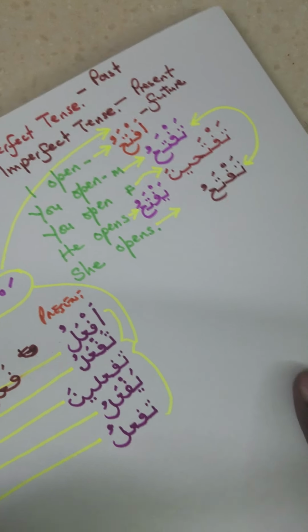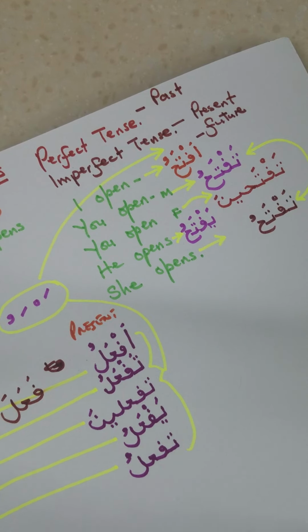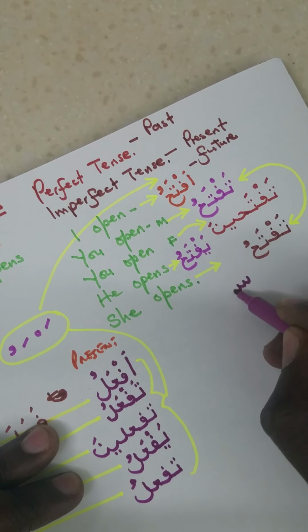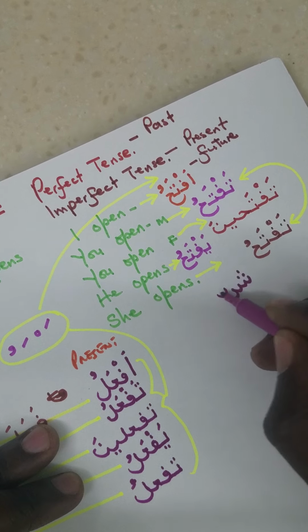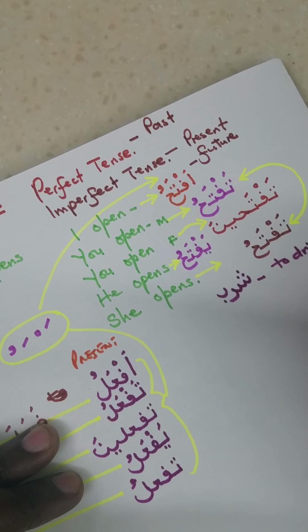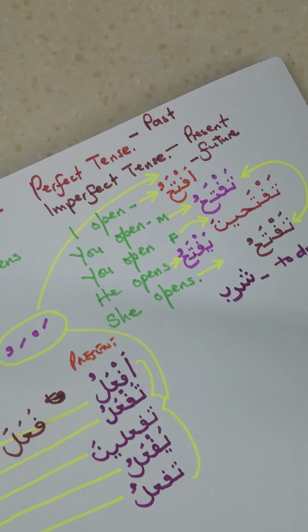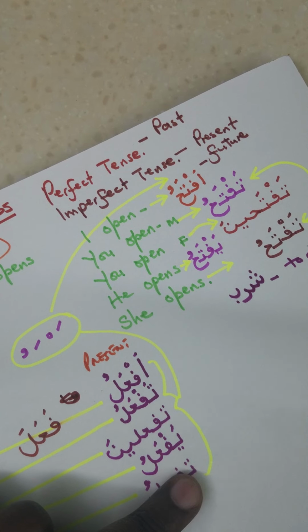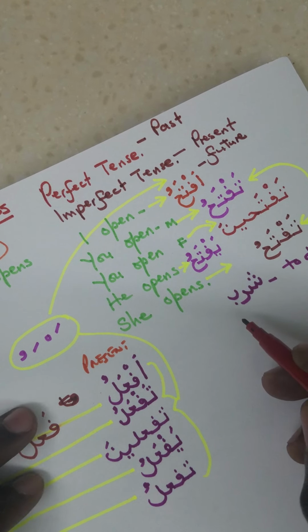Let's look at another verb here, briefly. The other verb is shariba. Shariba means to drink. So if you want to say in the past, I drank, you'll say sharibtu.